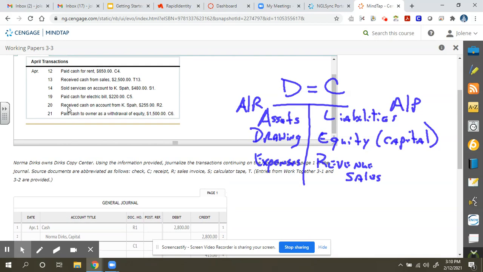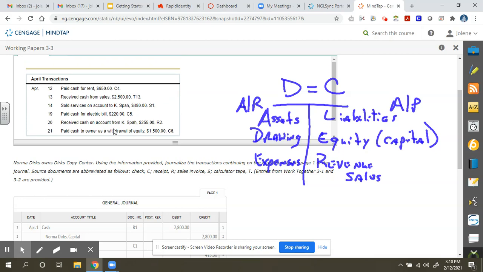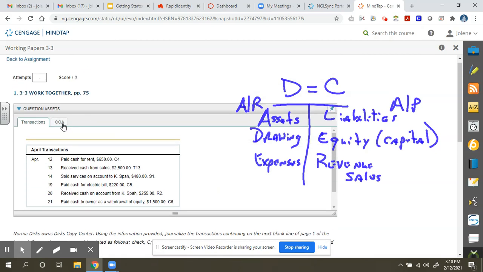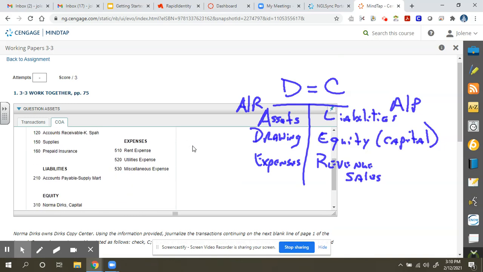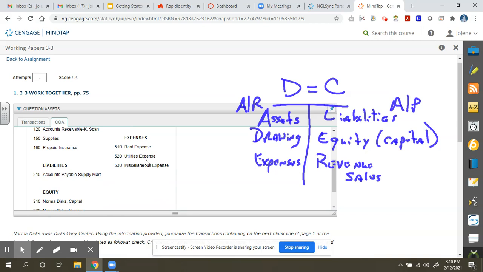Now we have to figure out paid cash for electric bill. Go back over here and look under these accounts. Electric bill would go under utilities expense. Utilities would include your electricity, your water, your phone. So utilities expense.